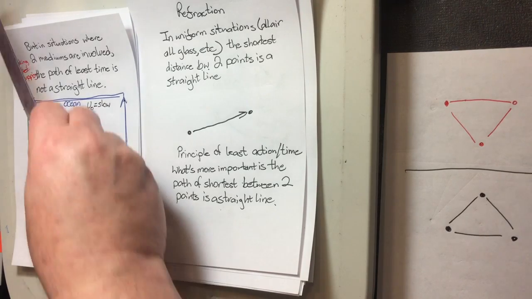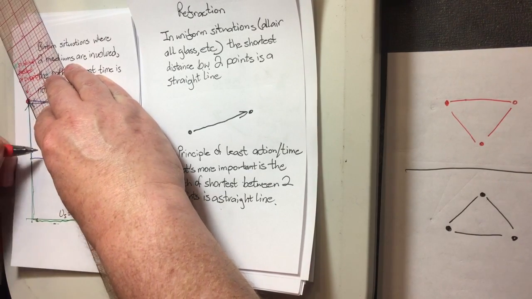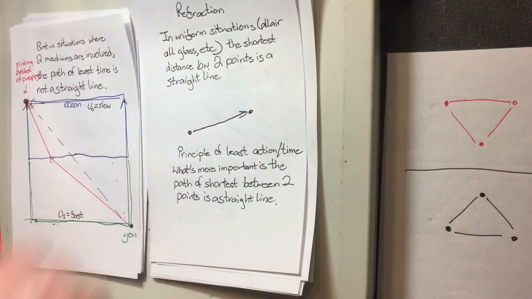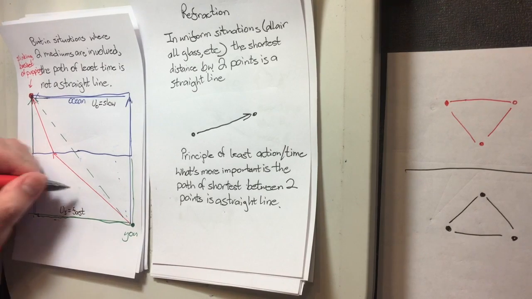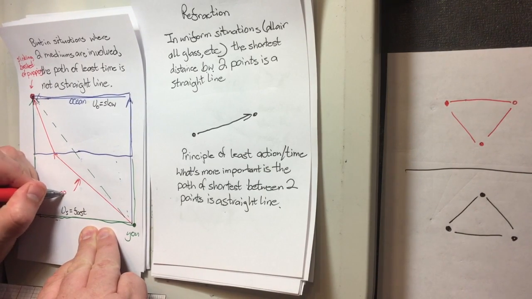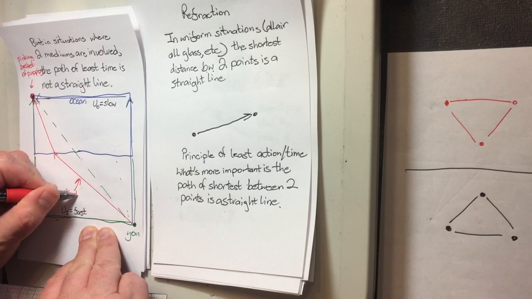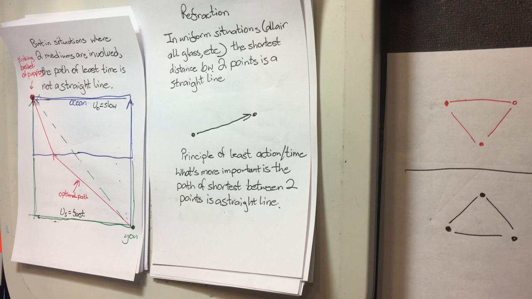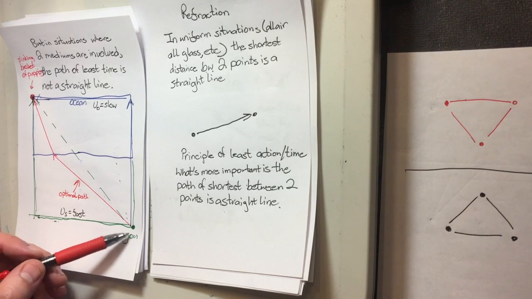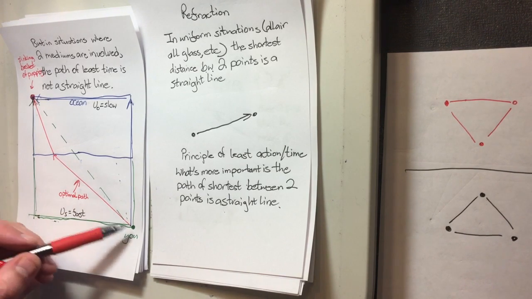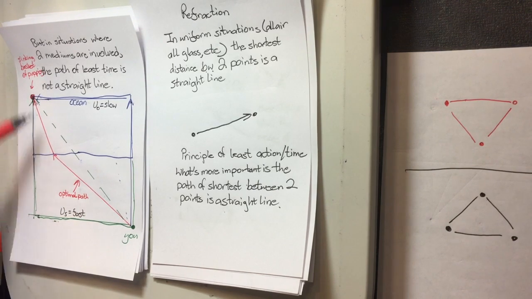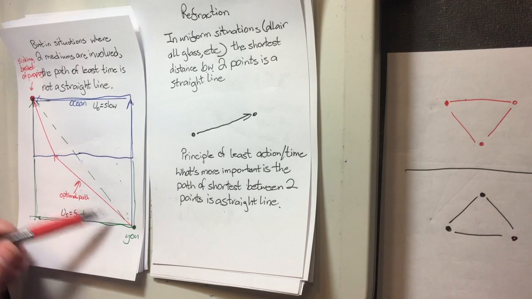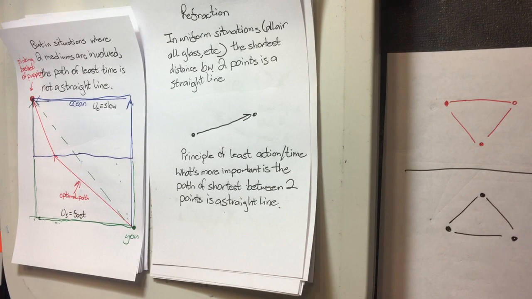And then once you come in contact with the medium of the water, you turn into it. This is your optimal path. So light, or people, in order to get from one point to another in the quickest amount of time, actually travel a longer distance than the shortest path, the shortest length.